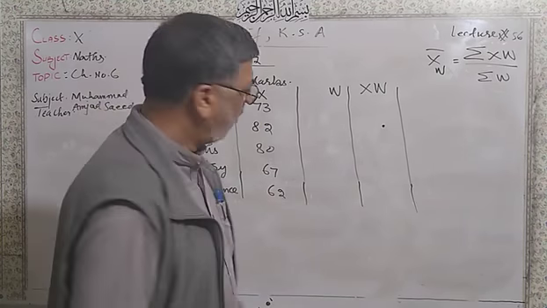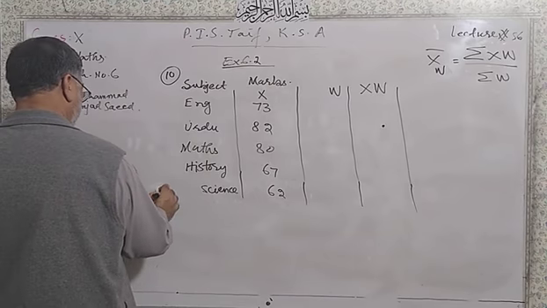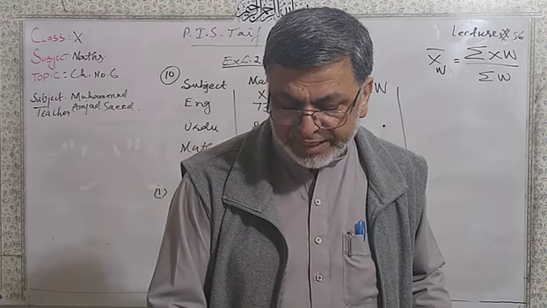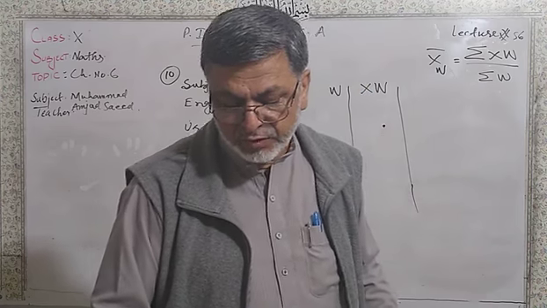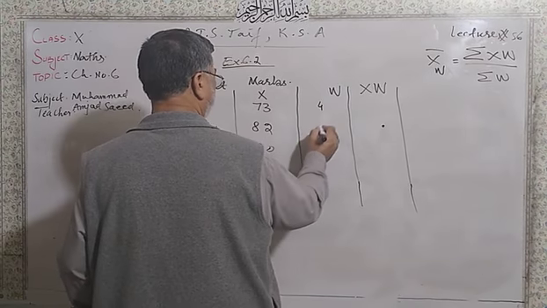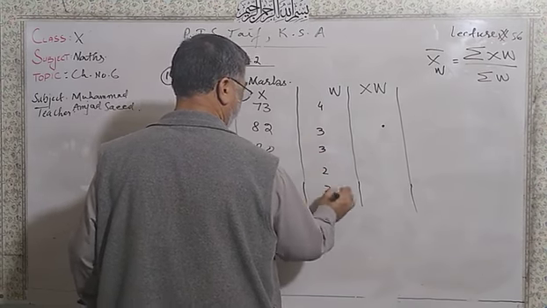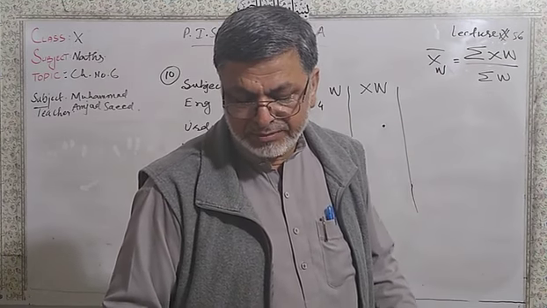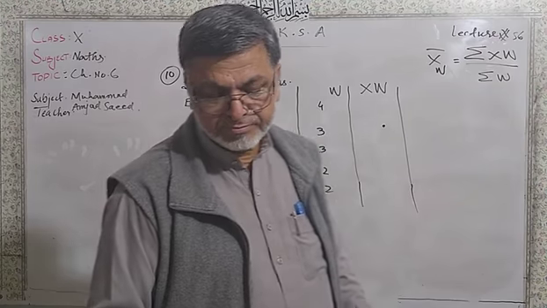After that, your part number 1 is: if the weights according to these marks are 4, 3, 3, 2, 2, what is the approximate average mark?